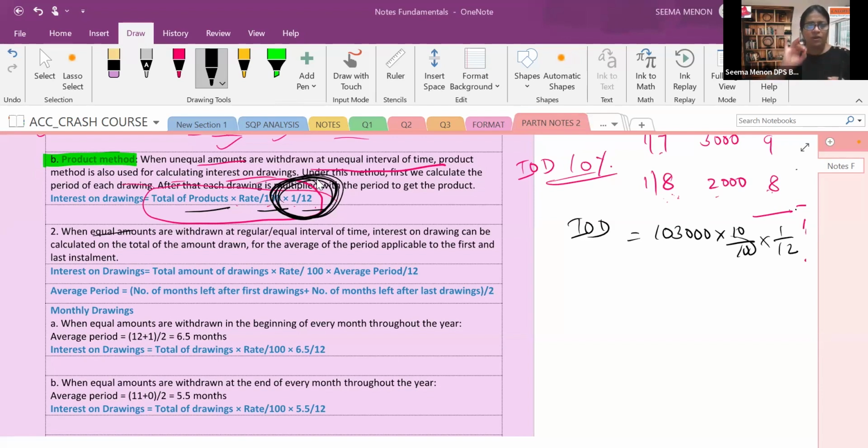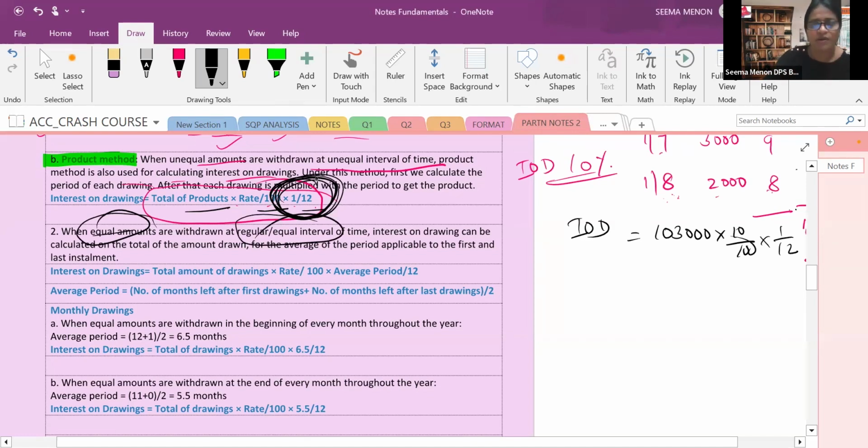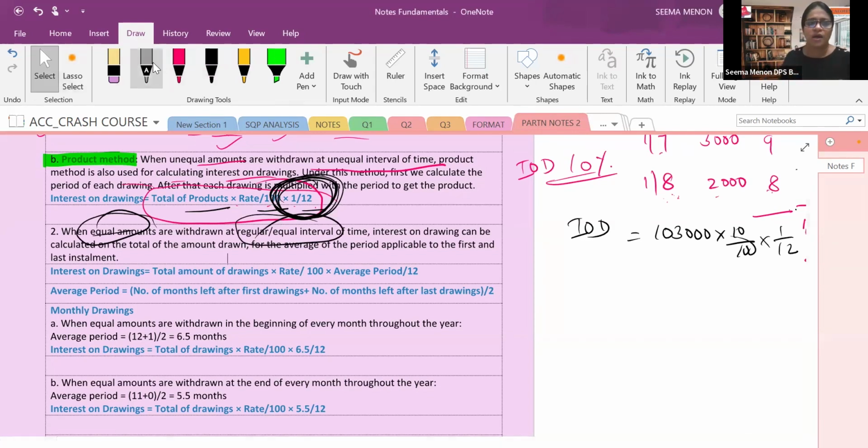The amount is fixed and the time is also fixed.